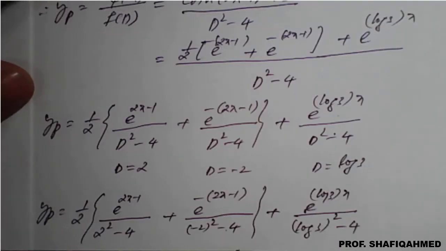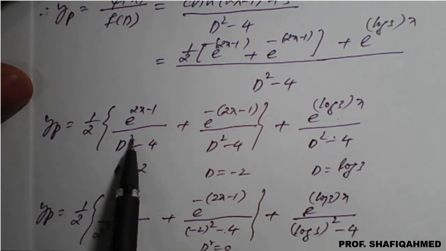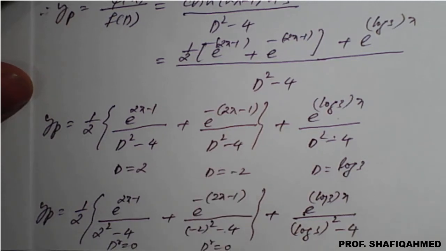That is, yp is equal to, so here I will write the denominator is becoming 0 and the denominator is becoming 0. If the denominator becomes 0, we have to differentiate this. Differentiation of d square minus 4 is nothing but 2d, and here also we will get 2d. So let's see here.